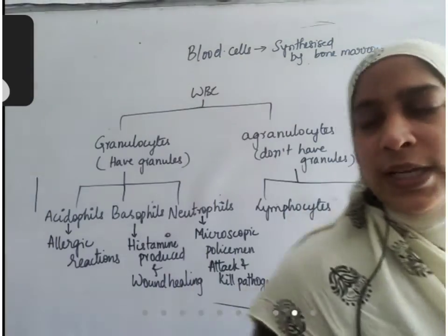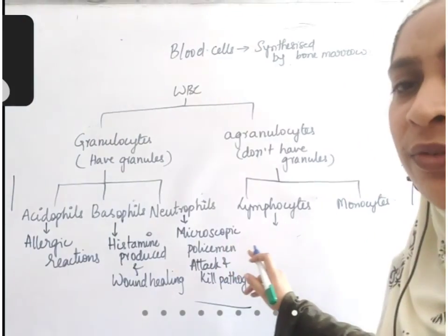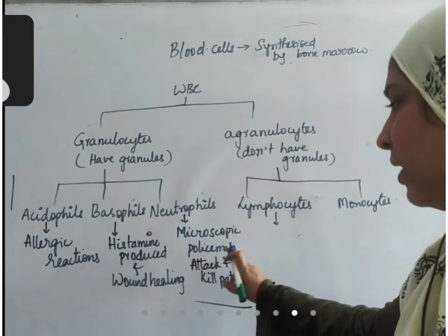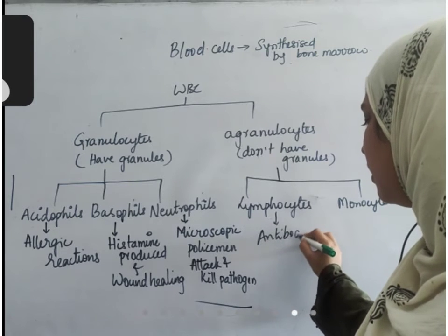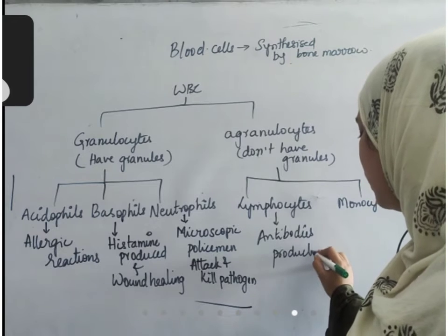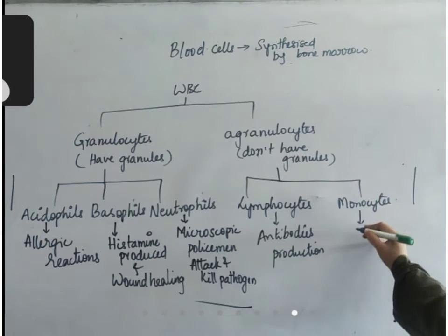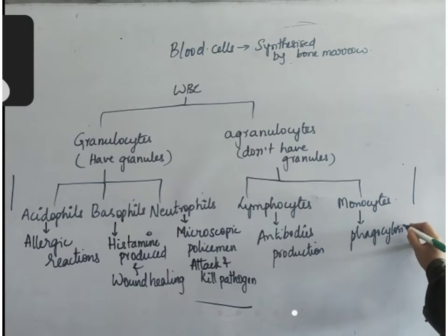What is the function of lymphocytes? Lymphocytes produce antibodies. If neutrophils fail to protect us from that disease, then antibodies are produced by these lymphocytes. Monocytes help in phagocytosis of those pathogens that enter our body.